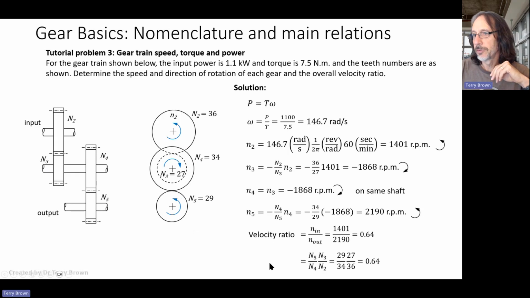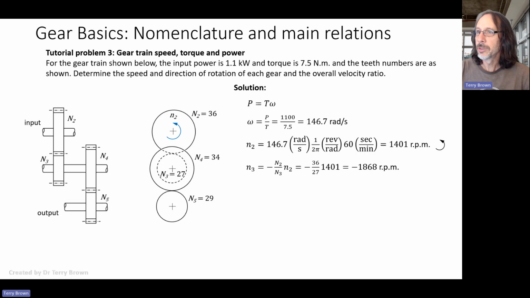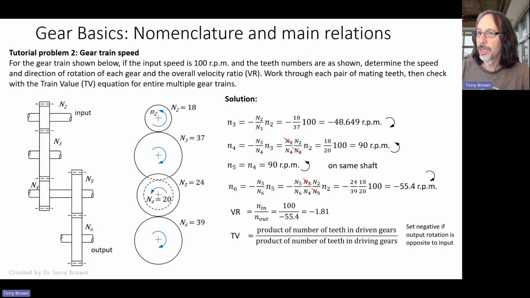And I've left off the train value here. I'm just doing it now using the train value. I can never remember which way we do this. The driven gears go on the top.